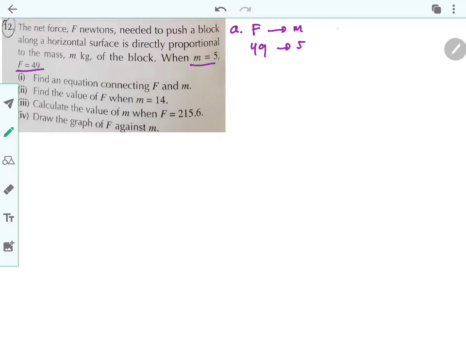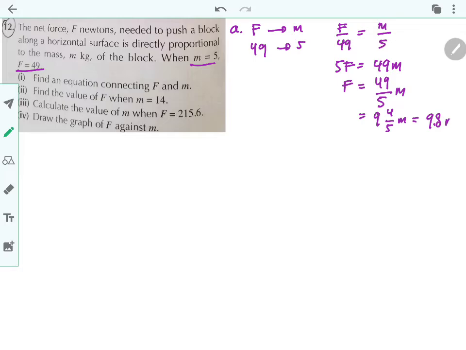Okay, so F over 49 equals M over 5. So 5F equals 49M, or you can say F is equal to 49 over 5M, or 9.8M.